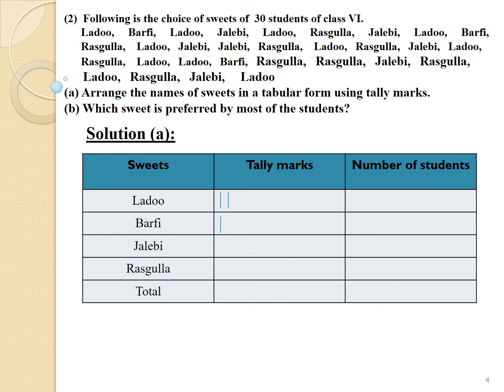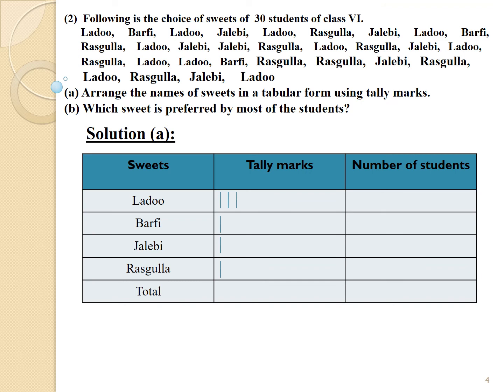So in front of jalebi in the second column you have to put a tally mark. Then laddu is given. So in front of laddu in the second column you have to draw a tally mark. Then rasgulla is given. So in front of rasgulla in the second column you have to draw a tally mark.